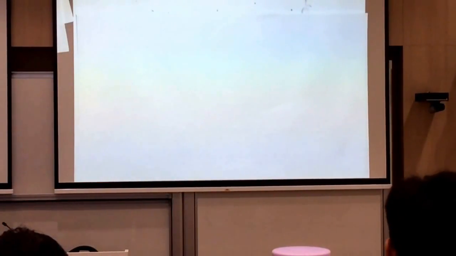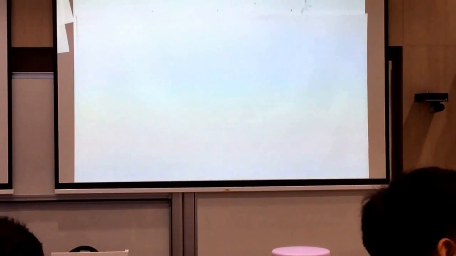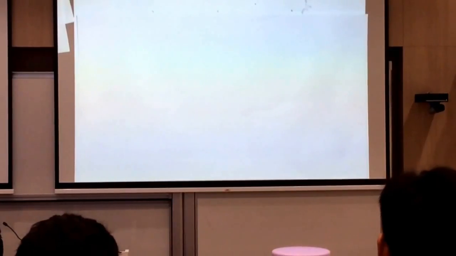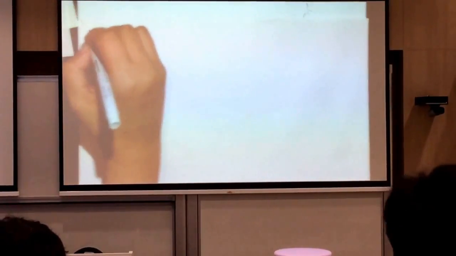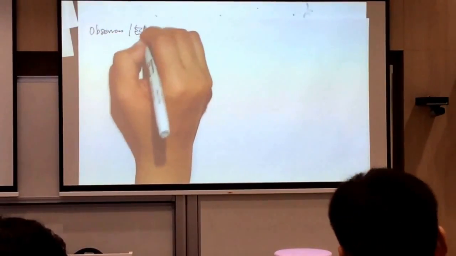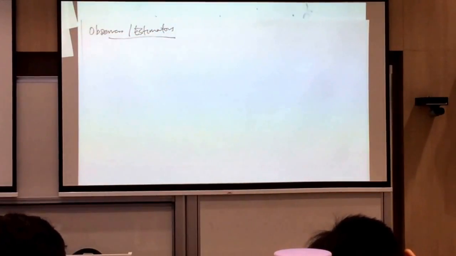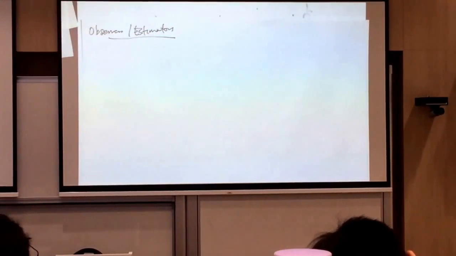This lesson starting from 3 p.m., we are learning about observers. We just finished pole placement and how to introduce our reference input. This is a very heavy, intensive lecture. Observers, estimators. This is what I'm going to design from now on.